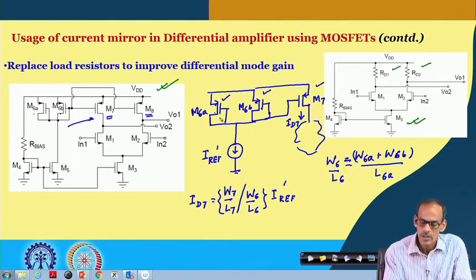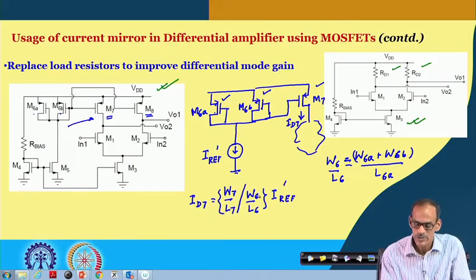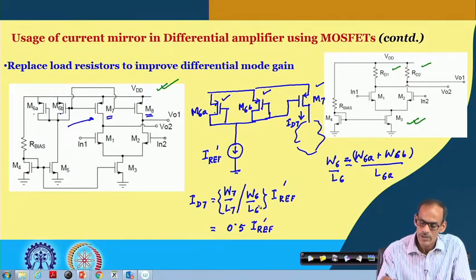Now, if all the transistors are identical, this part becomes 0.5 I ref, which means that only half of this reference current is flowing through transistor 7.